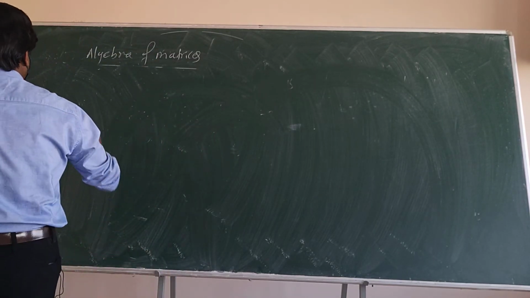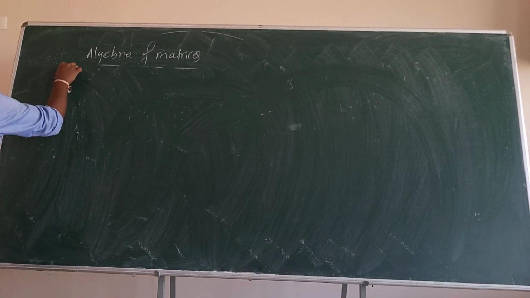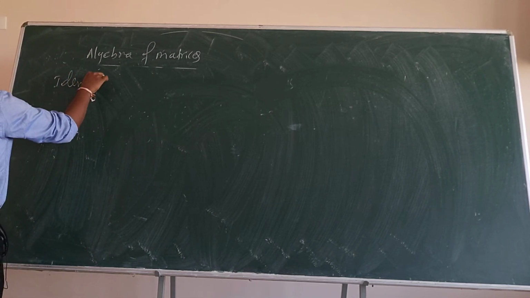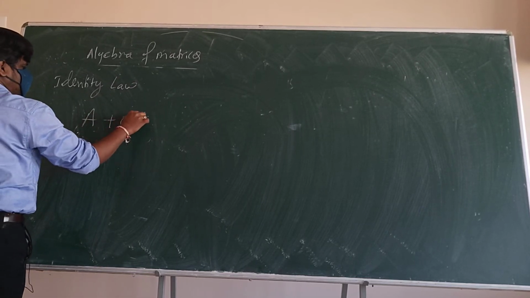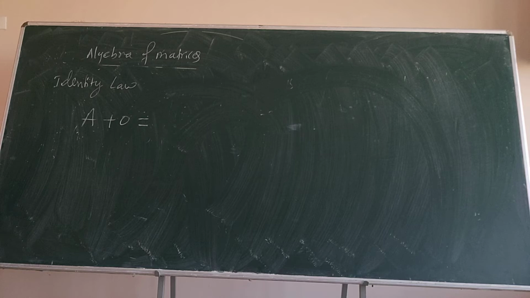Identity law. You know that A plus 0 matrix is equal to how much? A, right?